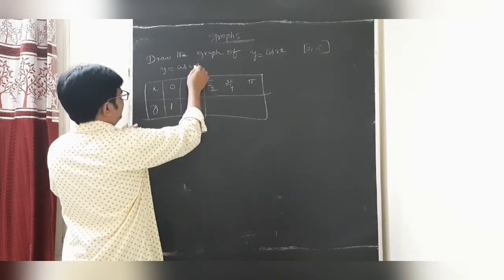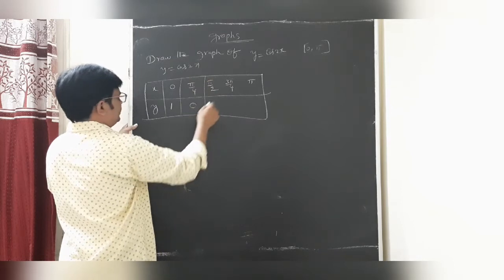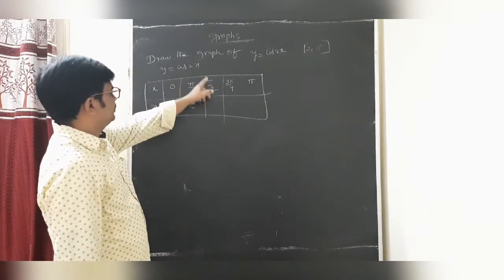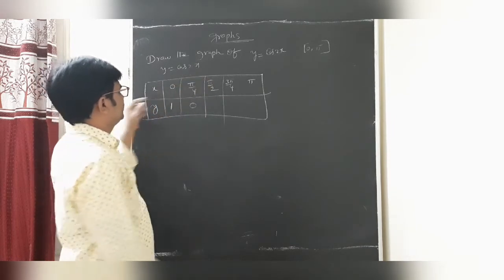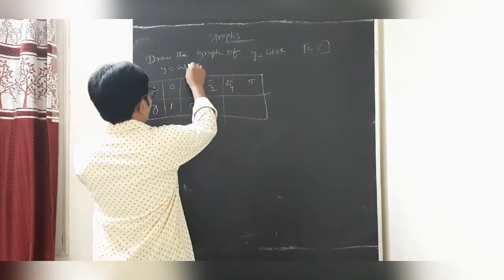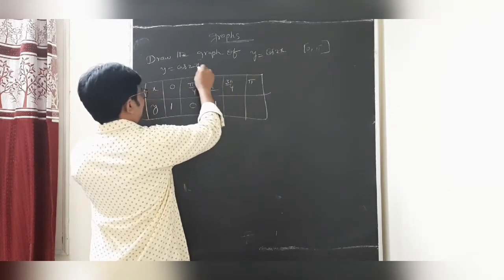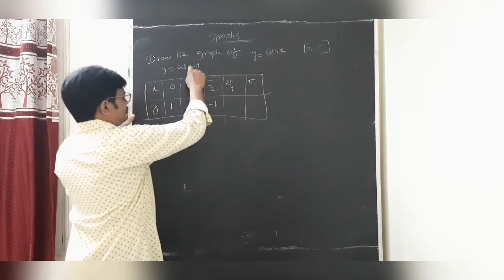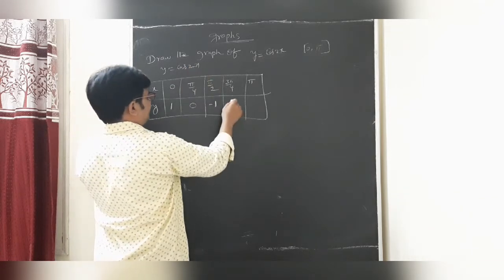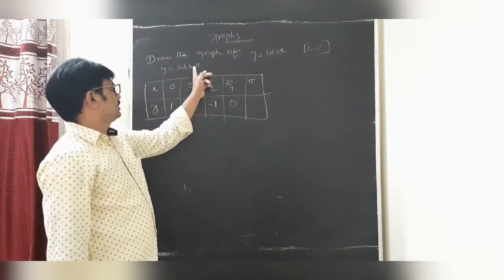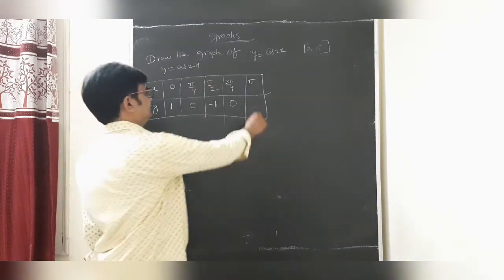When you take 45, 2 into 45 is 90, cos 90 value is 0. When you take x equal to 90, 2 into 90 is 180, cos pi value is minus 1. Then 2 into 3 pi by 4, the 2 and 4 cancel, cos of 3 pi by 2 is 0. Suppose x equal to pi, cos 2 pi value is 1.